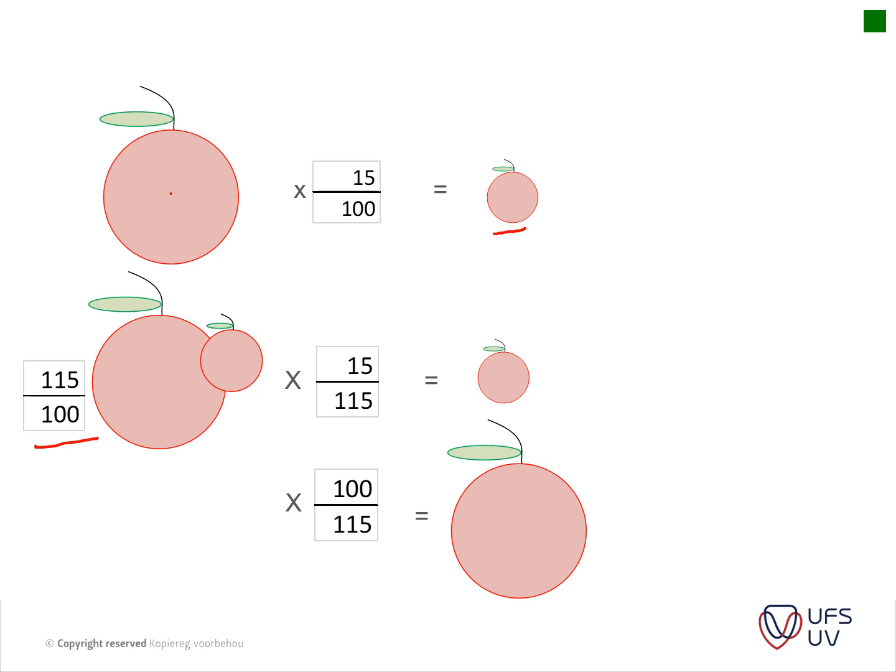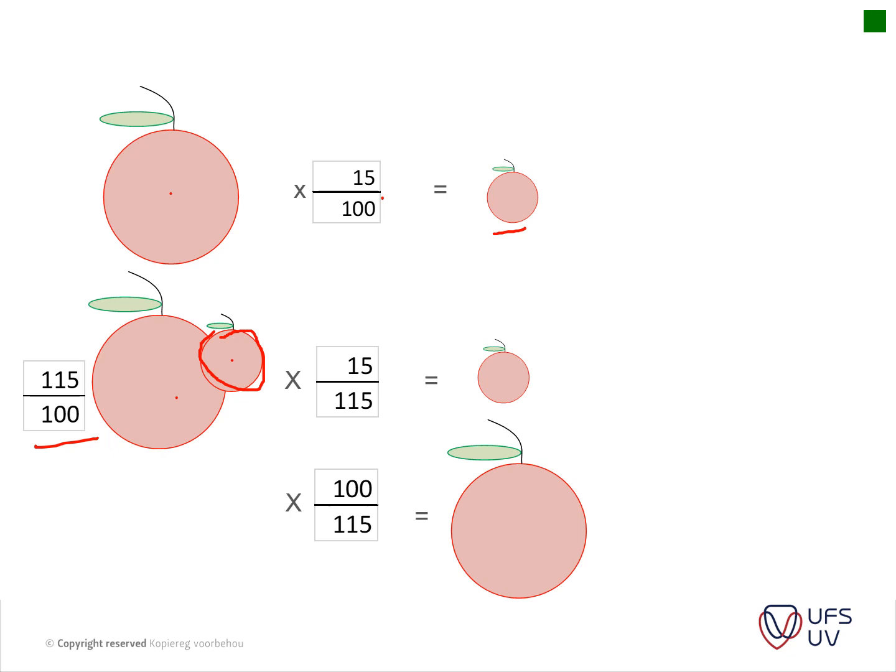If you times this with 15 over 100, you will get what we had in the previous slide, that small little apple with an even smaller little apple on that. So to get the right amount out of this, if you want to take this back to 100 and you want to get an item that you can subtract from this, you need to times it with 100 over 115.